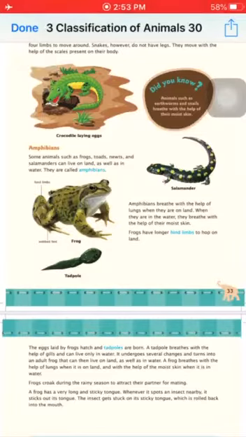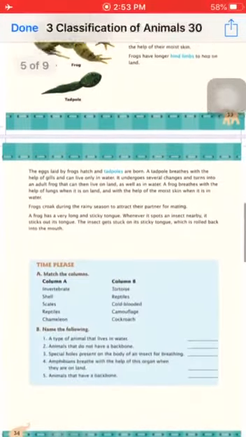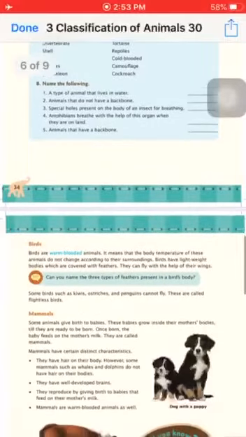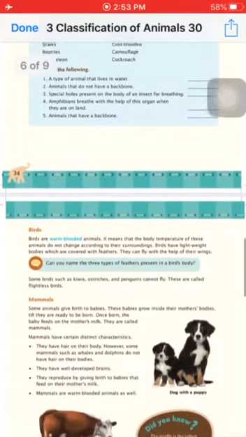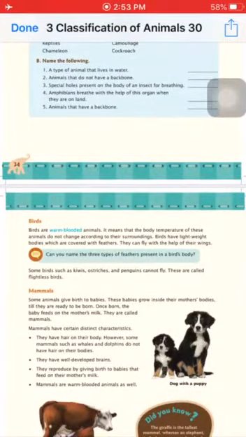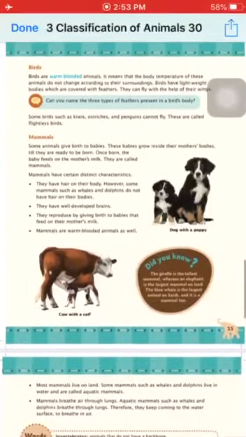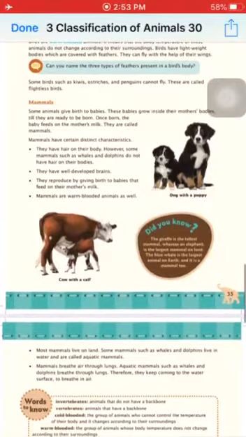Next is amphibians. Amphibians live both on land and in water, so for respiration they use both lungs and moist skin. Next is birds. Birds are warm-blooded animals, and they regulate their body temperature according to their surroundings. Next is mammals.